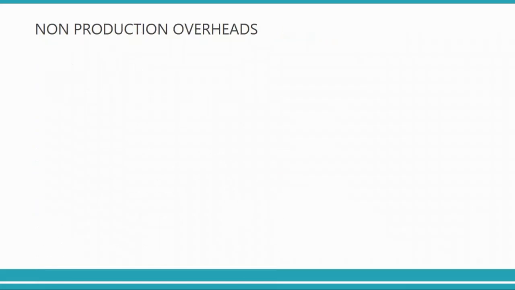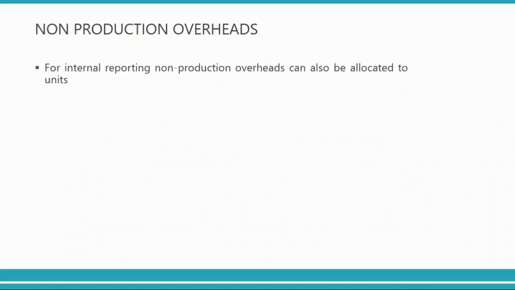You may also have non-production overheads. Non-production overheads means the overheads which are related to selling or admin expenses. For internal reporting, non-production overheads can also be allocated to units. Actually, for internal reporting, you don't do it for external reporting. External reporting means when you prepare your financial statements, your income statement and balance sheet, for presentation to shareholders and for other presentation, then you do not charge non-production overheads to your finished goods.